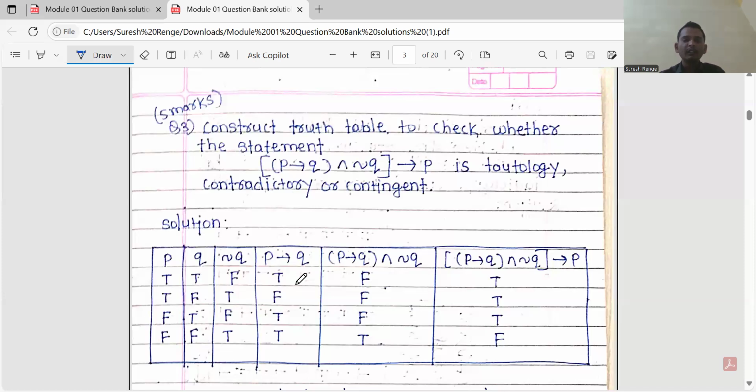In the next column, we want to find the value of P implies Q. This is an implication statement.